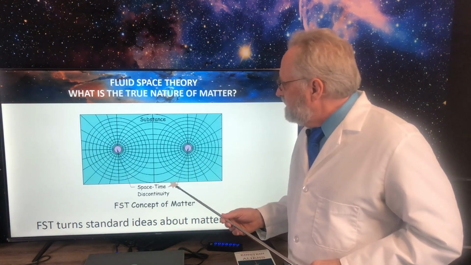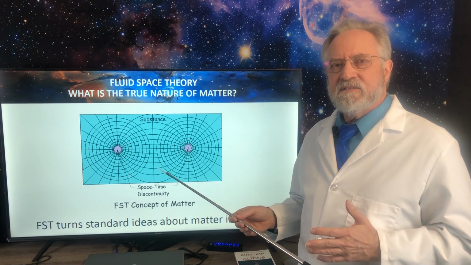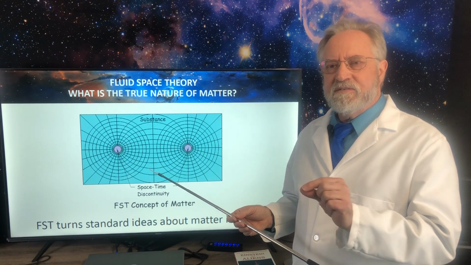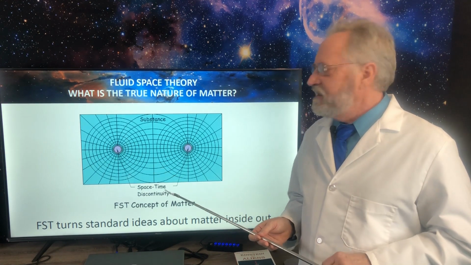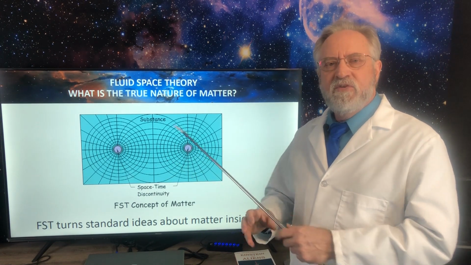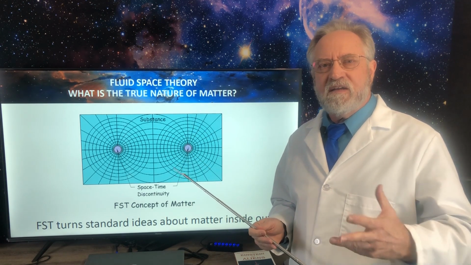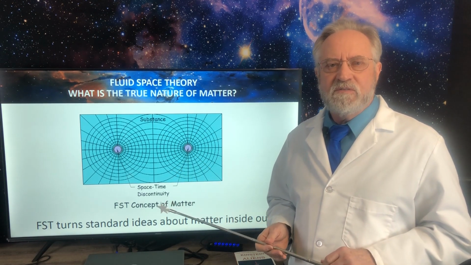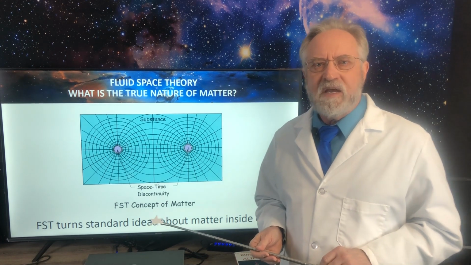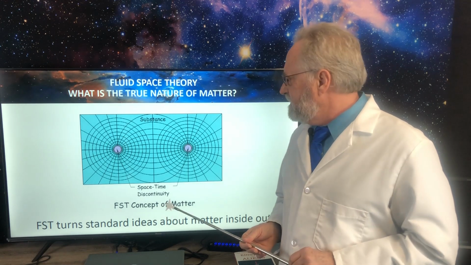It revealed that matter isn't a bunch of tiny particles moving around in a void. It's a bunch of tiny voids moving around within fields in space-time. So it's kind of an inside-out approach to the normal view of what matter is. And I thought this is a fairly important idea.